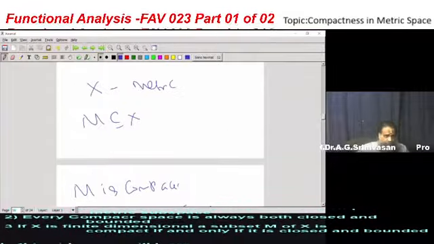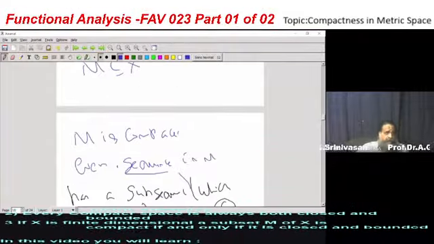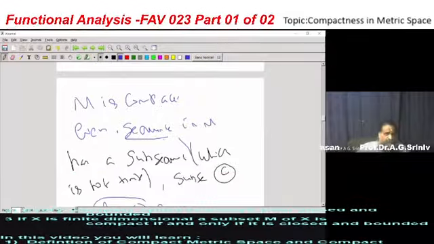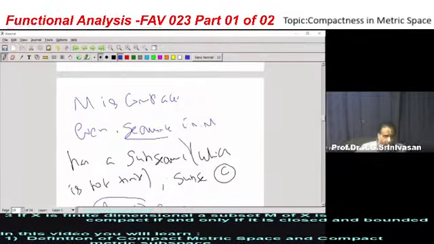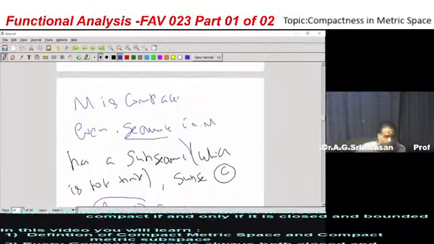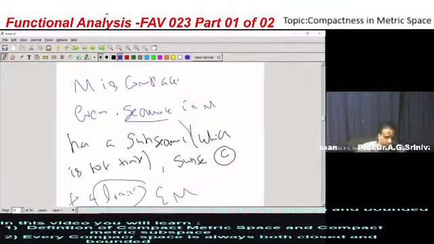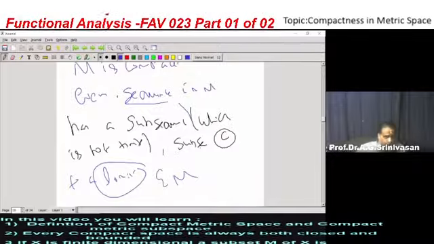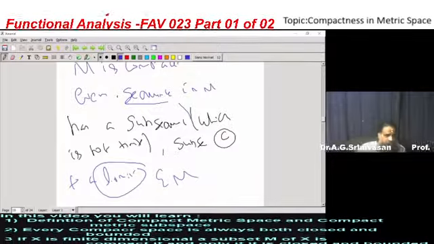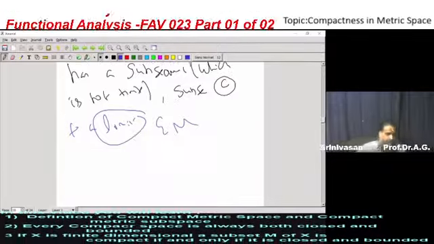X is a metric space. We say a subset M of X is compact if every sequence in M has a subsequence, not necessarily finite, such that that subsequence converges to a limit, and that limit belongs to M. That's what it means for M to be compact.